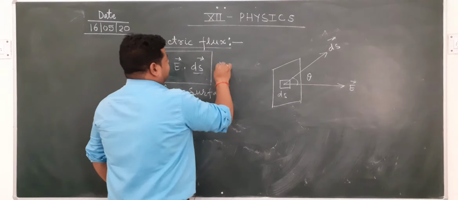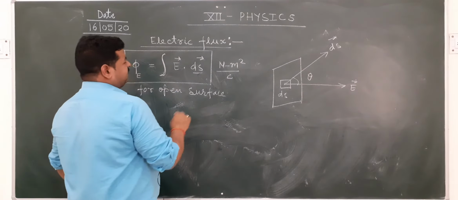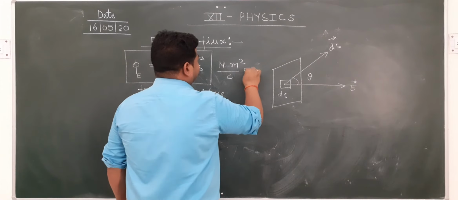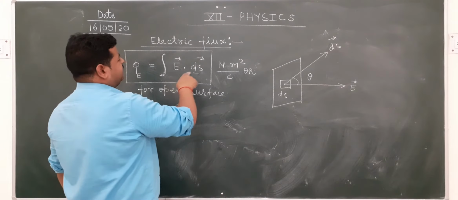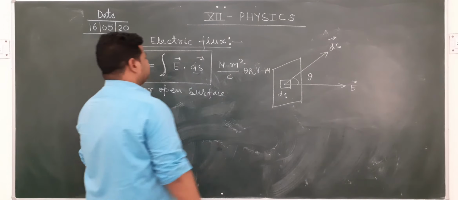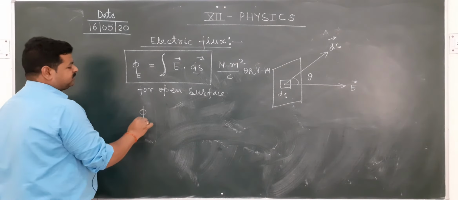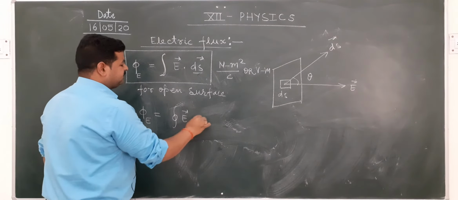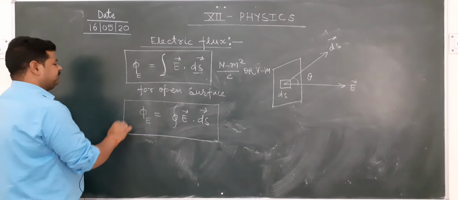And the unit of electric flux is Newton meter square per coulomb, or this is also written as volt meter, since E is written as V by d and d cancels. If we write the formula for a closed surface, phi E is equal to the integral of vector E dot ds vector. This is the formula for a closed surface.